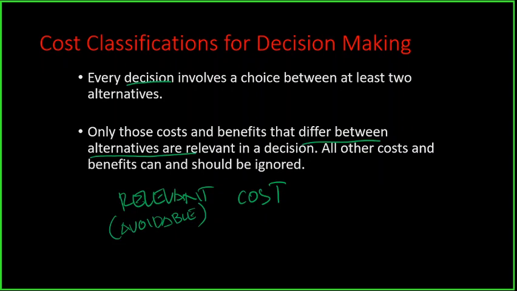If I go to Baguio City, I'm going to live in a boarding house, with a cost of 5,000 pesos a month for rent. What's the decision? Study in the province or study in Baguio.